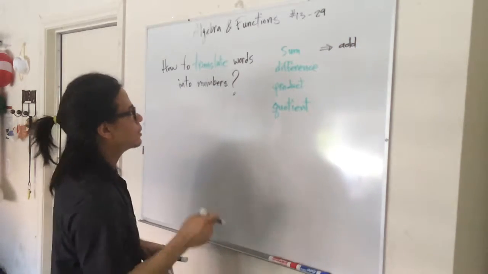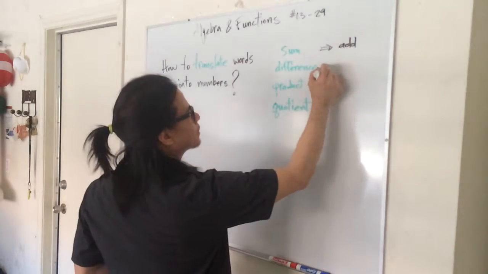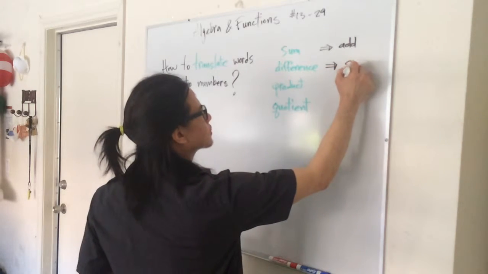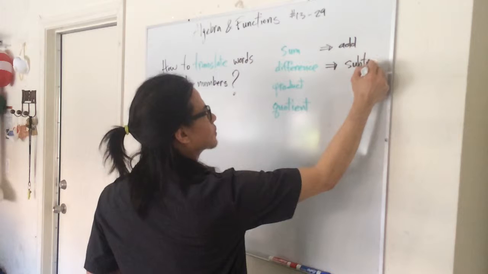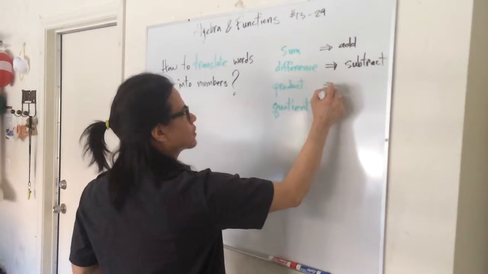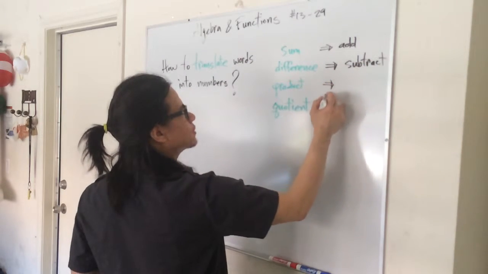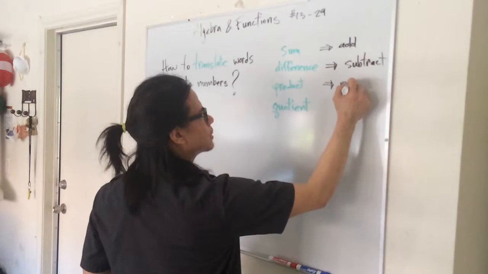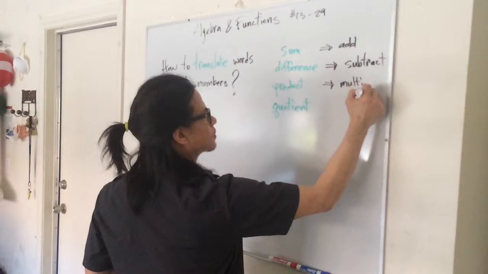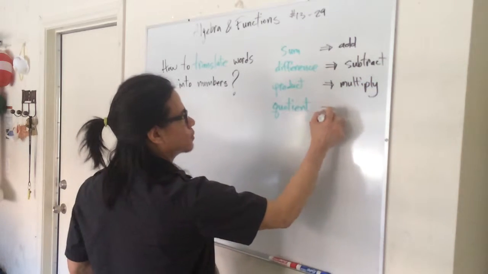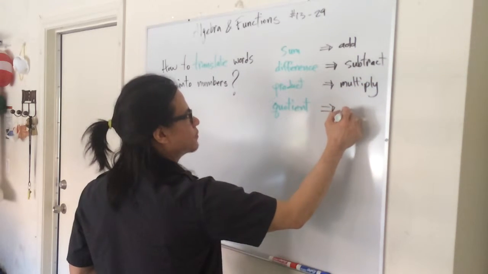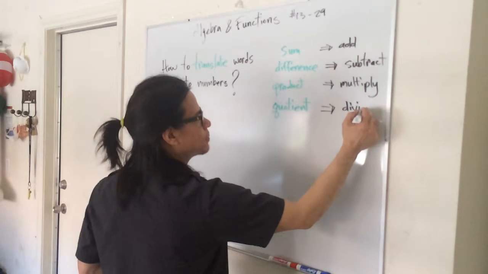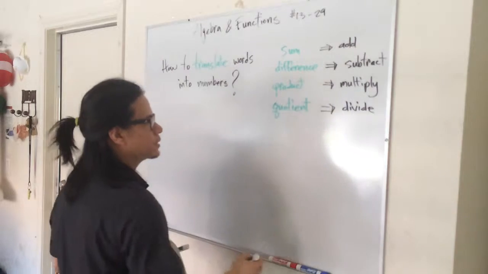You're going to add two numbers to get the sum. As opposed to difference, which is subtract. The product is the answer to a multiplication problem. Quotient is divide. So the answer to a division problem is the quotient.